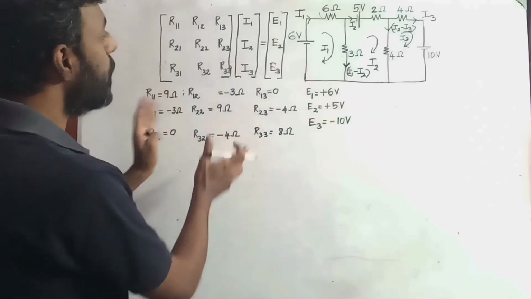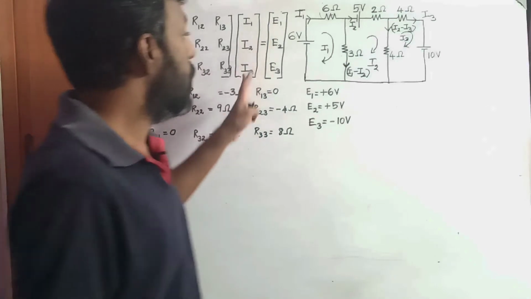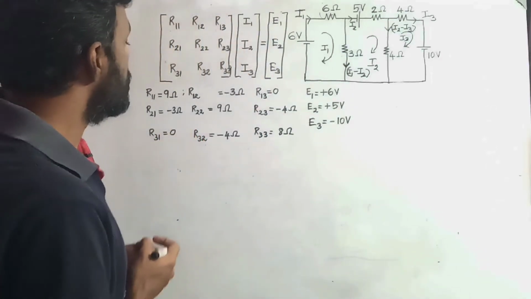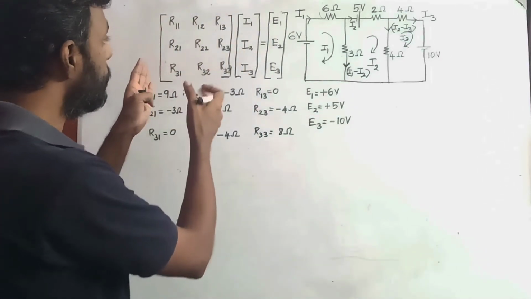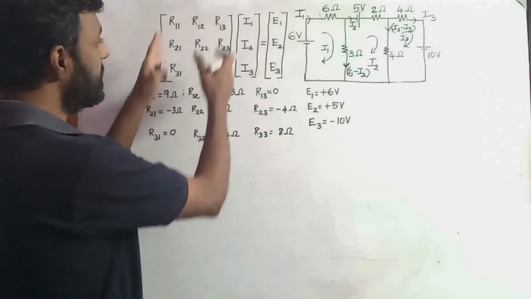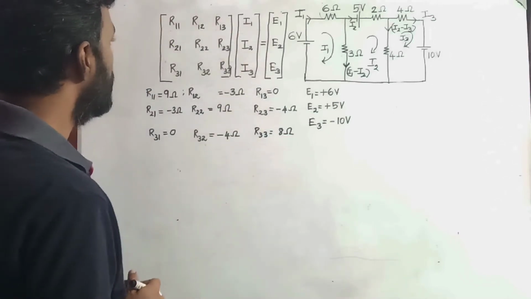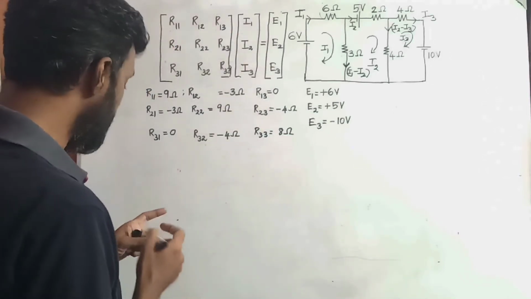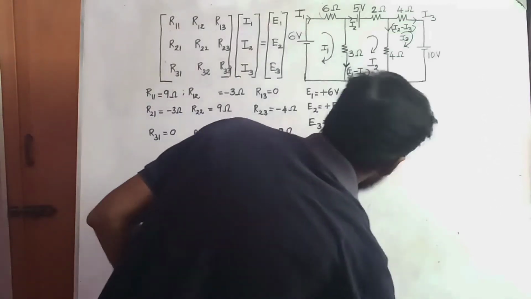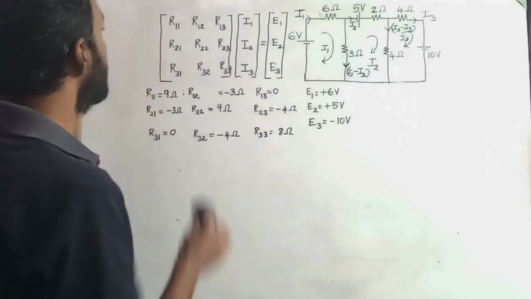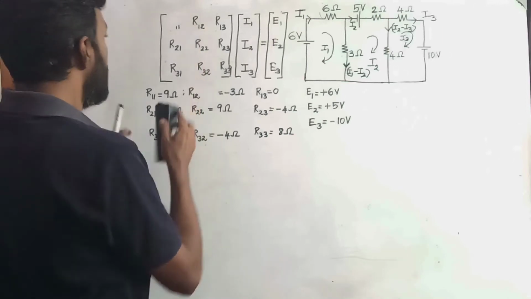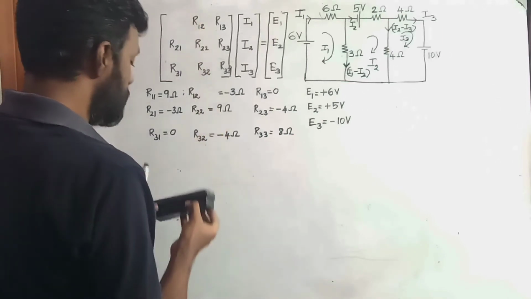From these values, I need to find the value of the respective currents. For that, I'm going to put these things in matrix form. Let us substitute. R11 is 9 ohms.